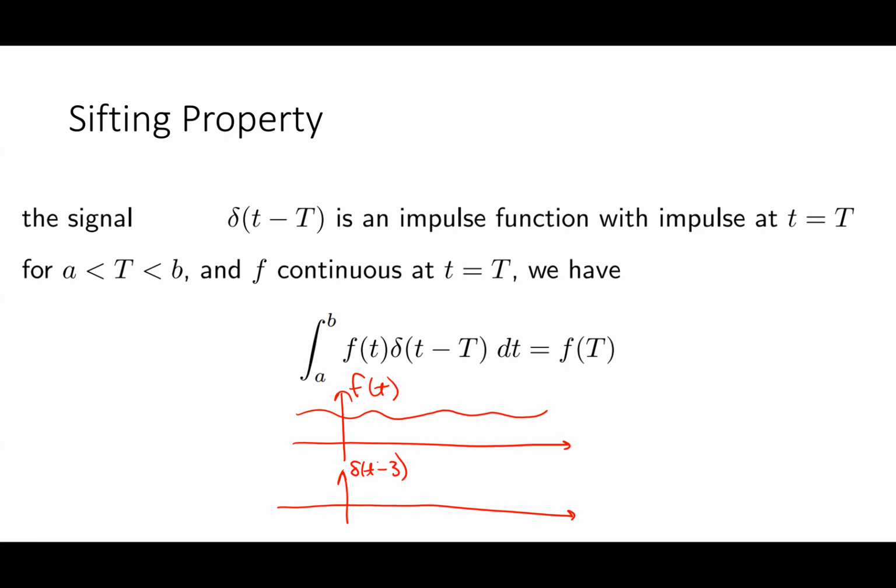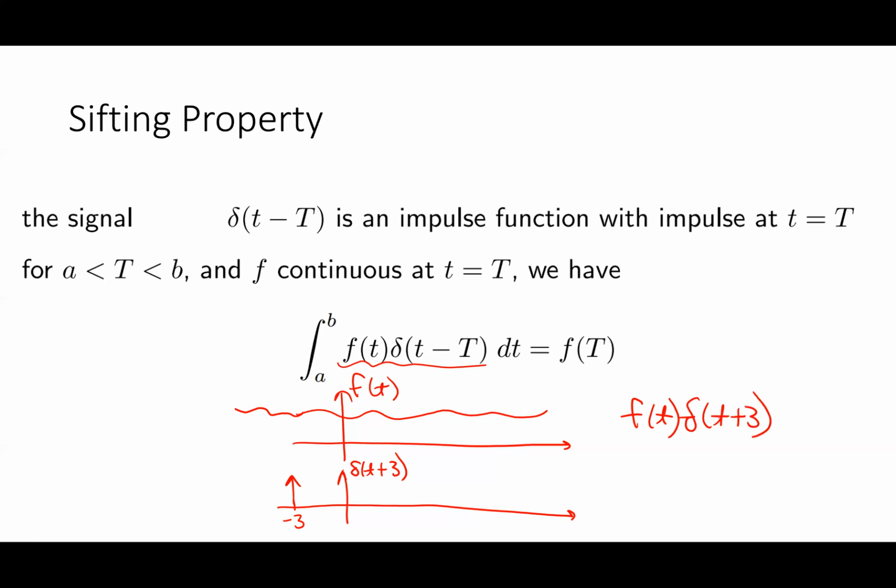Actually, let me do it this way. Delta of t plus 3, where would that impulse be located? Minus 3. Yeah, so here at minus 3, this guy would go up. Now, if I said to you, compute for me f of t times delta of t plus 3.